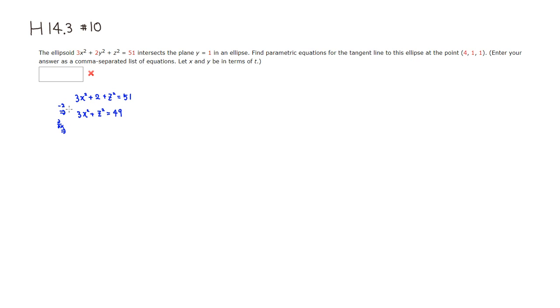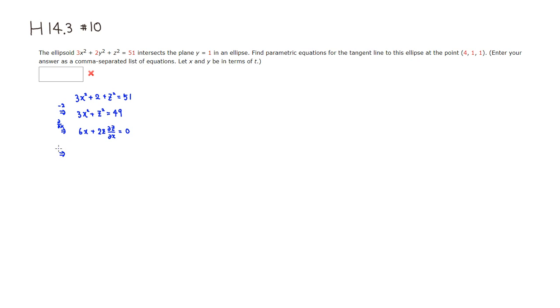The derivative of 3x squared is going to be 6x, and the derivative of z squared is going to be 2z times the partial derivative of z with respect to x. This is equal to the derivative of 49, which is going to be 0.